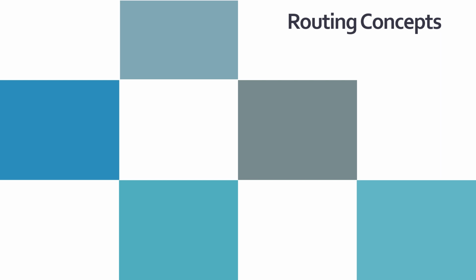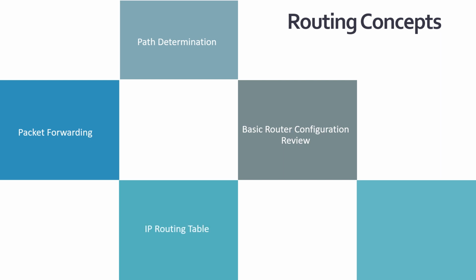Based on that, we will explain how routers determine the best path. We will explain how routers forward packets to the destination. We will configure basic settings on a router. We will describe the structure of a routing table, and based on that, we will compare static and dynamic routing concepts.